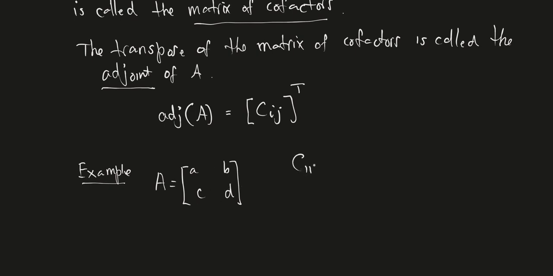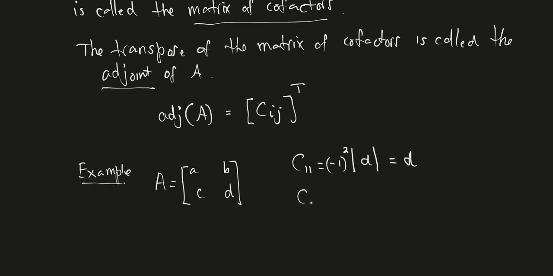C11 is negative 1 to the second power times the determinant of the submatrix formed if I delete the first row, first column. All I'm left with is d. Again, remember, the bars here don't mean absolute value, they mean determinant. The determinant of a 1 by 1 matrix is simply whatever that entry is. So it's just d, times the positive 1.